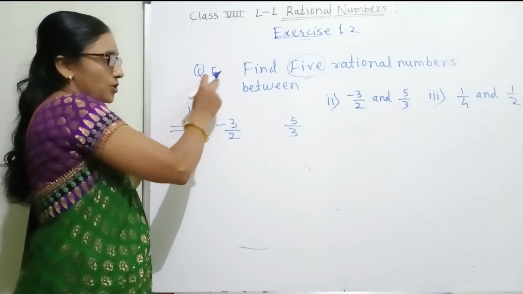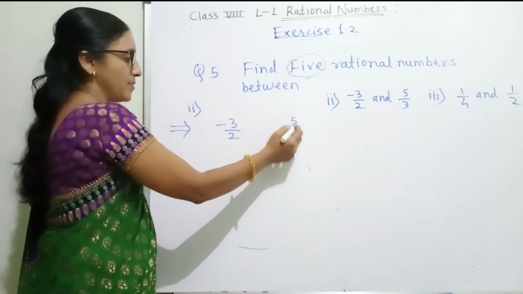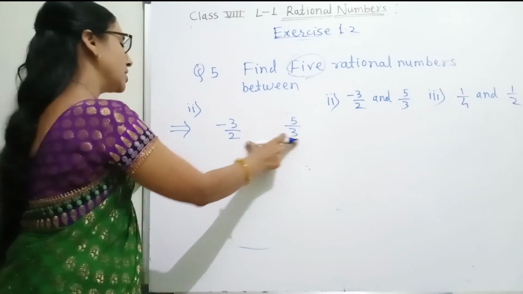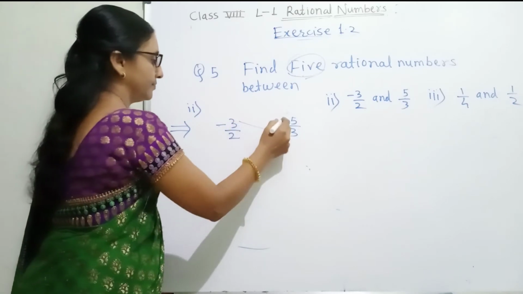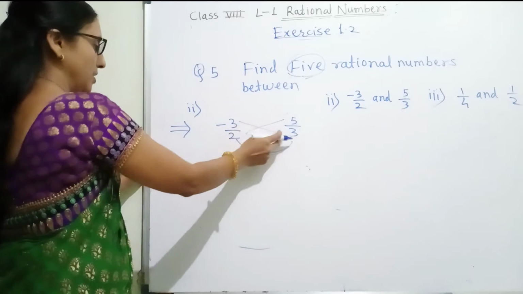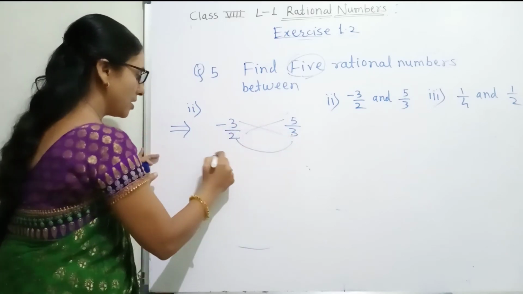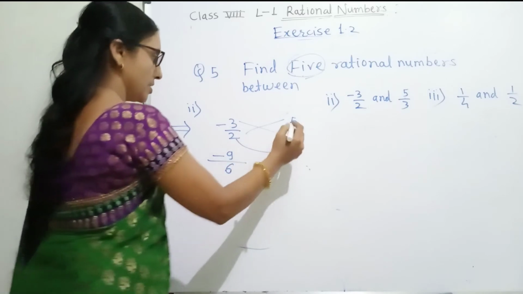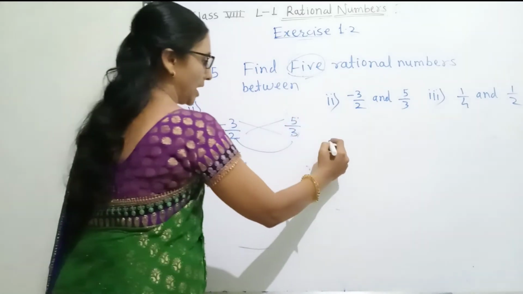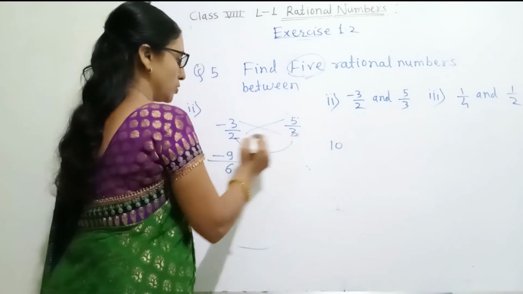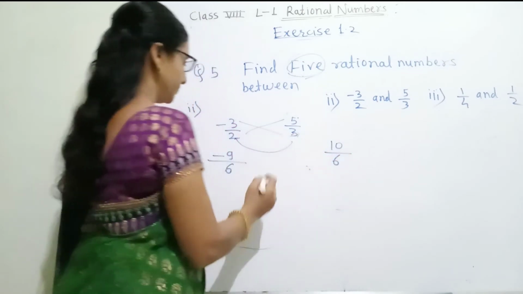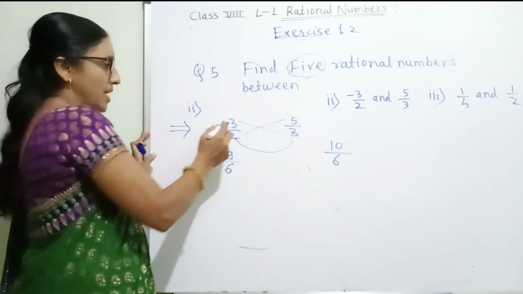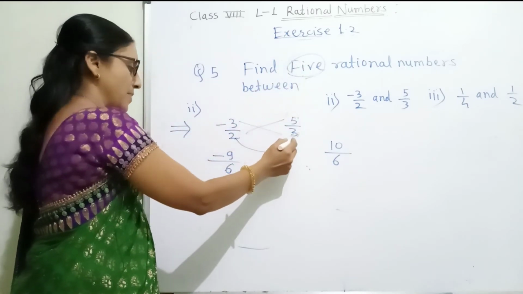Example second of question 5: minus 3 by 2, 5 by 3. Rational numbers between minus 3 by 2 and 5 by 3. Make the denominators equal first. By cross multiplying, minus 3 3s are minus 9, 2 3s are 6. Here 2 5s are 10, 3 2s are 6. Now we want 5 rational numbers between minus 3 by 2 and 5 by 3.